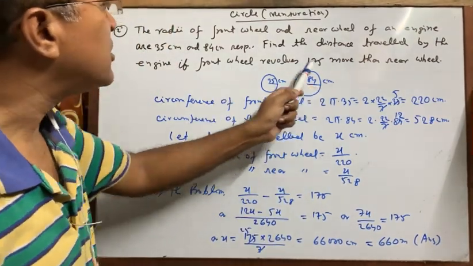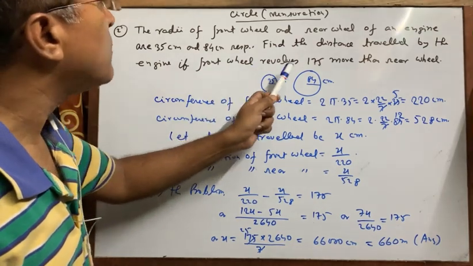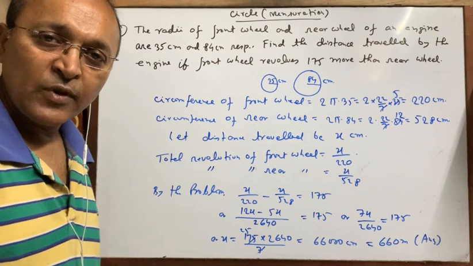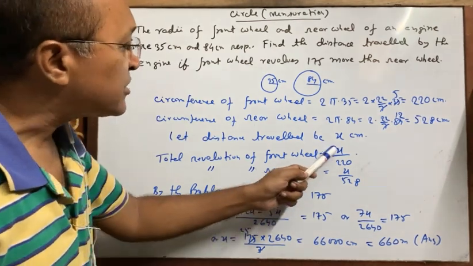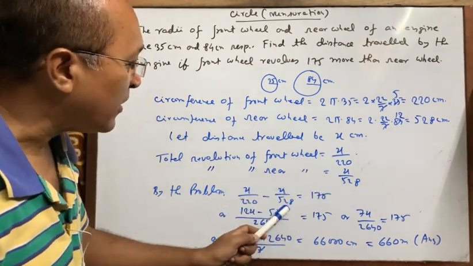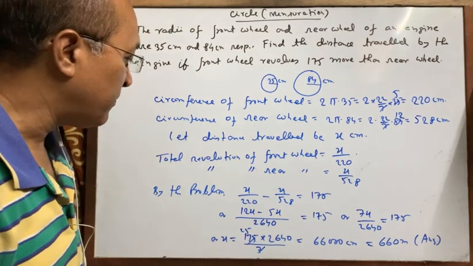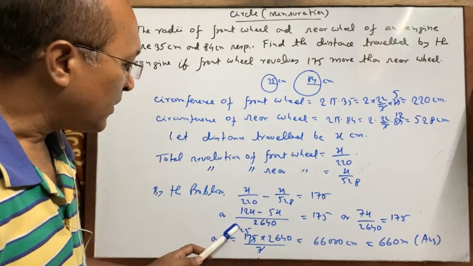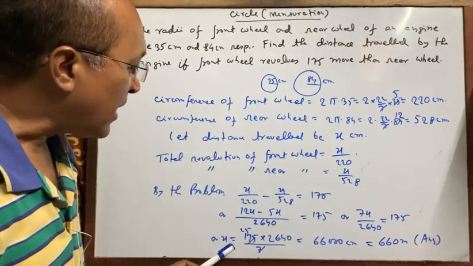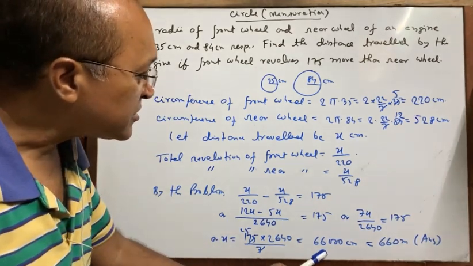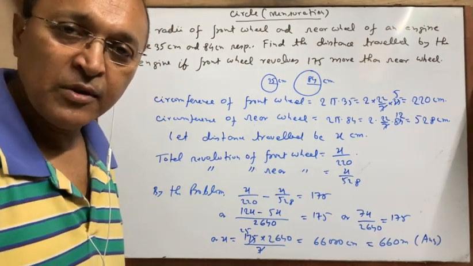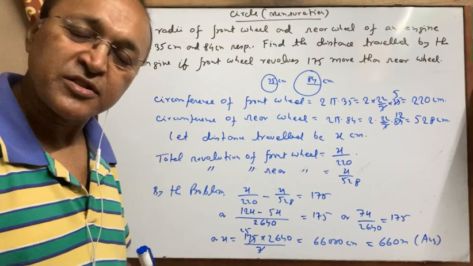According to the given condition, the front wheel revolves 175 more. What does it mean? x by 220 minus x by 528 is equal to 175. So, ultimately, after calculations, x is equal to 66,000 centimeter or 660 meter has been obtained. So, the total distance travelled is 660 meter.